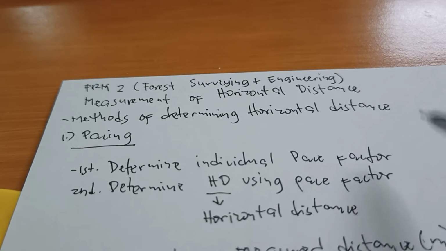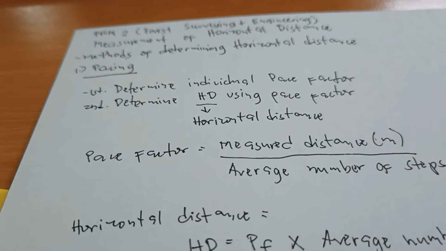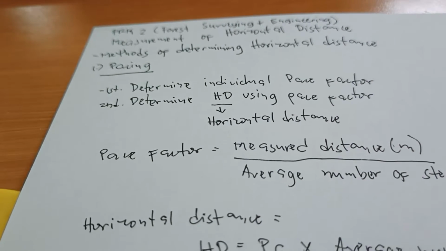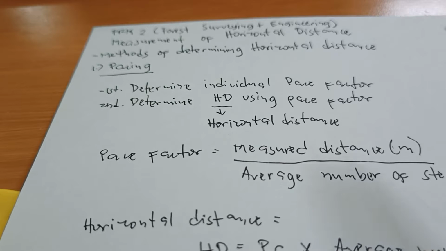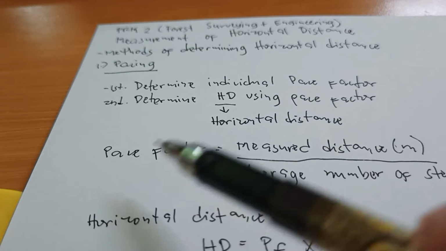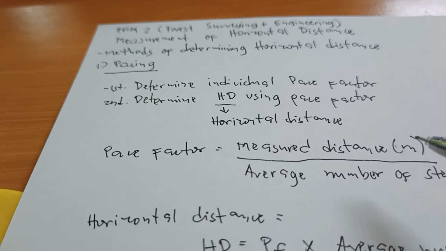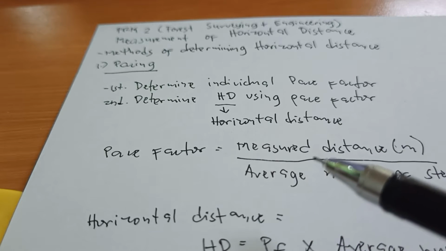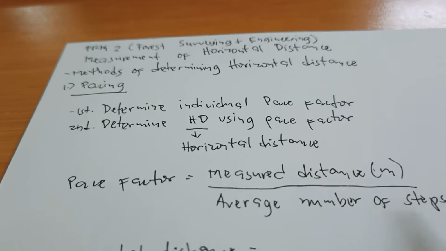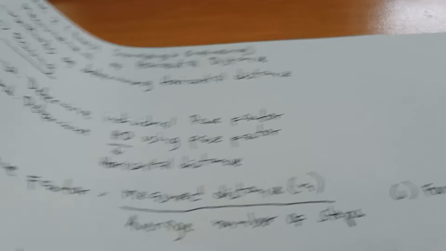Now, we have two formulas that we will be using in the determination of horizontal distance using the pace factor. First, the formula to determine your pace factor is equal to the measured distance over the average number of steps. There must be a measured distance and the average number of steps. So that is our first formula.